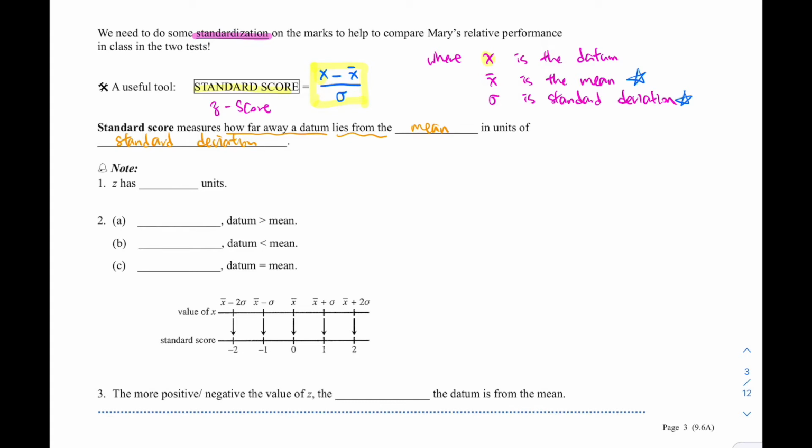Let's say if the standard score is equal to 1, that means the datum is 1 unit of SD above the mean. If the standard score is -1, then the datum is 1 unit of SD below the mean.